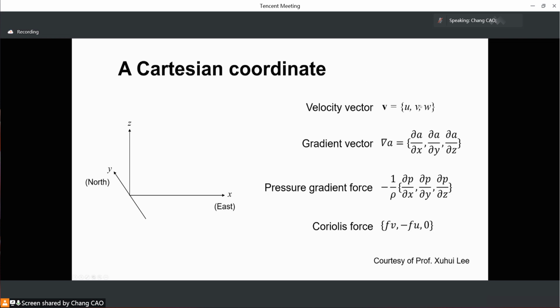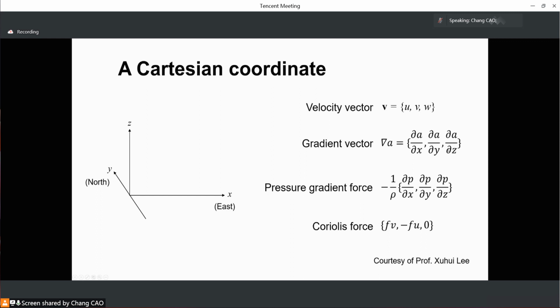And on the right, we list several conventions. For example, the velocity vector v is usually comprised of u, v, and w. The gradient vector of a scalar quantity a can be written as the derivative of a along x, the derivative of a along y, and the derivative of a along z.